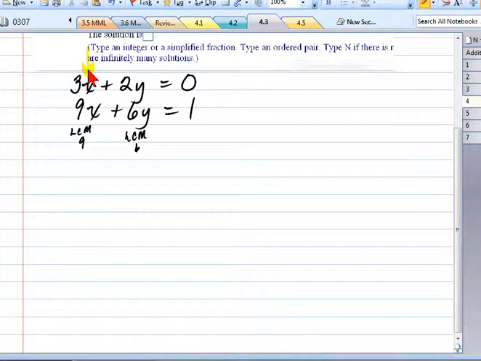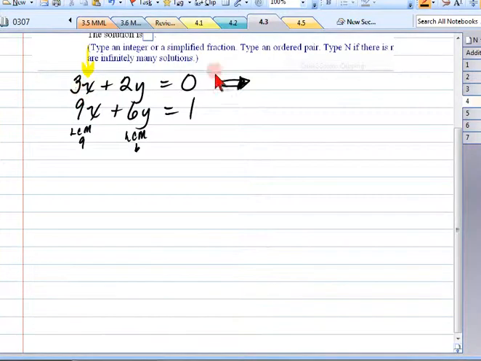I'm going to make it happen with the x's. You told me that if I want these both to be 9s, I have to take the first equation, and you'll see me draw this little arrow when I'm going to change something. I did the same thing with substitution. And I'm going to multiply it by, what did you tell me I needed to multiply it by? 3.